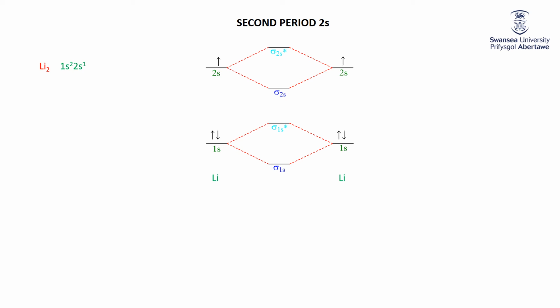We've got a total of 6 electrons, so 2 in the sigma 1s, 2 in the sigma 1s star, and then 2 left over to go in the sigma 2s. So Li2 is sigma 1s2, sigma 1s star 2, sigma 2s2. Bond order: 4 bonding electrons, 2 anti-bonding electrons, give us a bond order of 1.